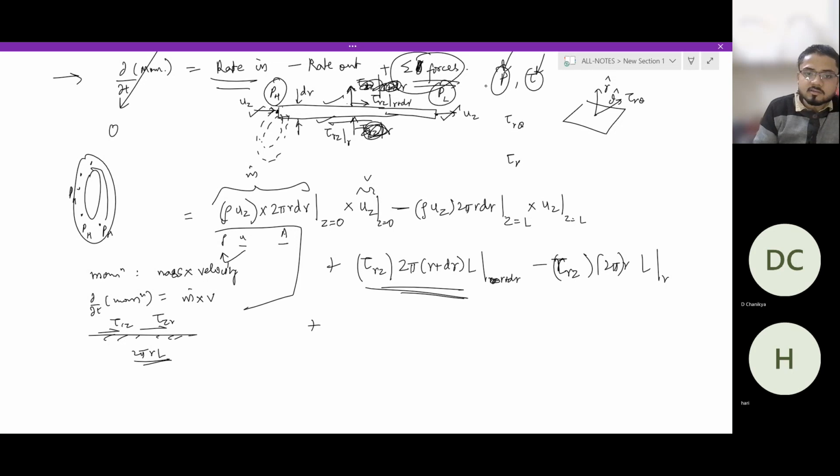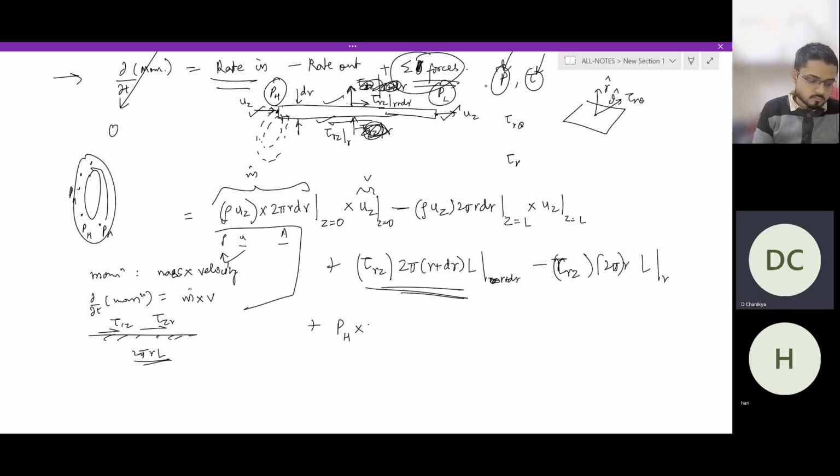So if you have this, then for the further force balance, can you tell me the expression? pH times area. Okay.